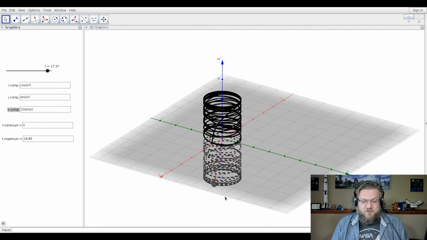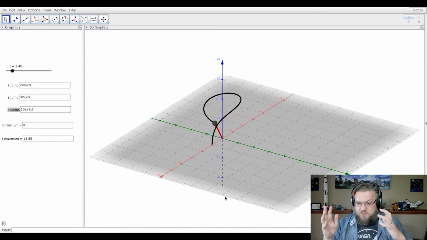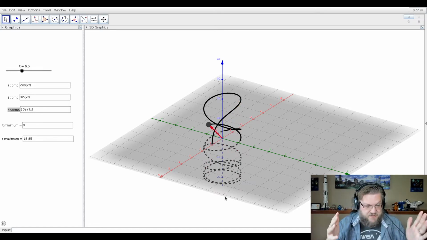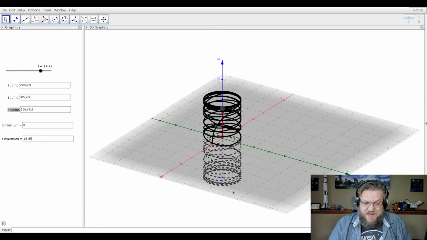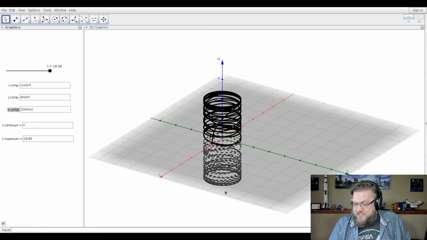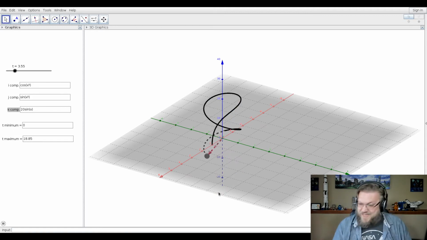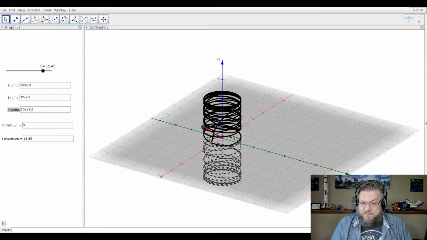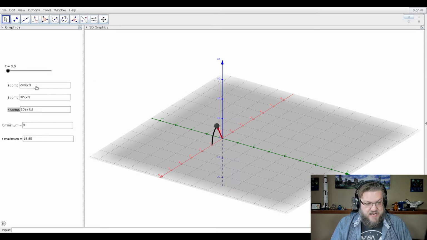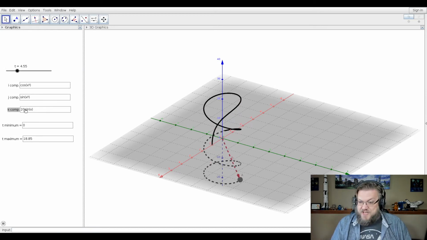It really forces you to think about what the I component is doing, what the J component is doing, what the K component is doing, and that's what we're really after here. I mean, yes, your book is going to ask you to sketch these on paper, but I don't think that's as helpful. I'd rather you put this in there, justify why this is happening, and then start tweaking it and trying to guess what that should do.